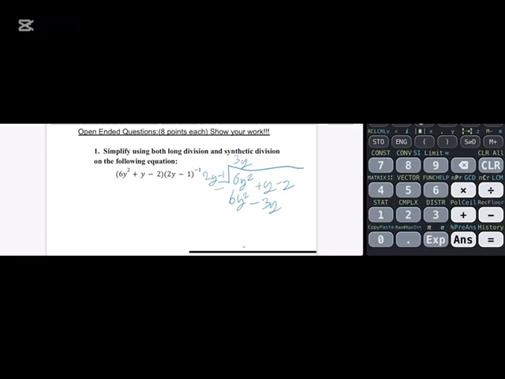Since we have minus here and minus here, this is going to become positive. So it's going to be 0 plus 4y minus 2. We can divide 4y minus 2 by 2y 2 times. Plus 2. So it's going to be 4y minus 2. So the remainder is 0. So this is our answer, 3y plus 2.